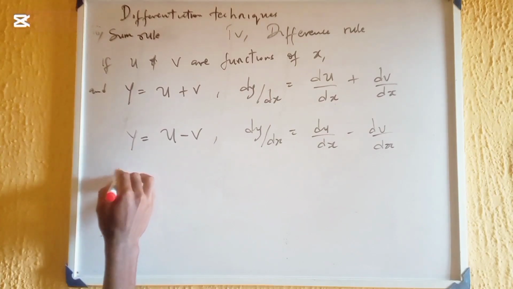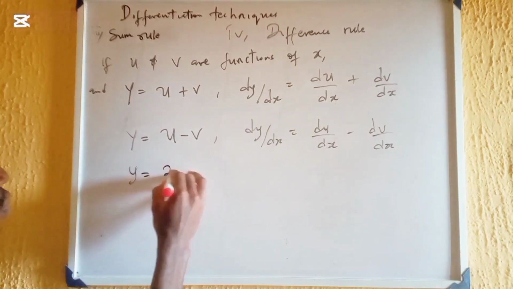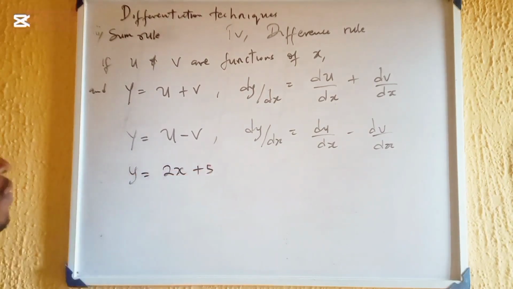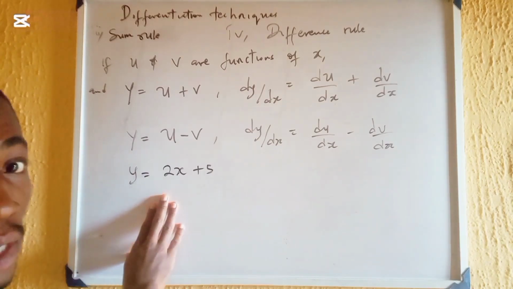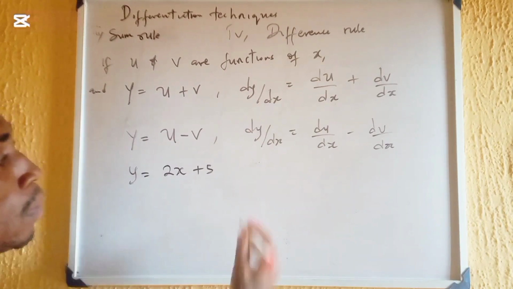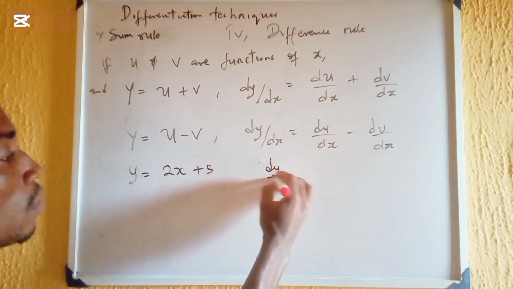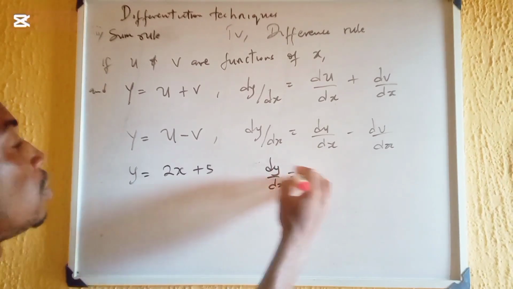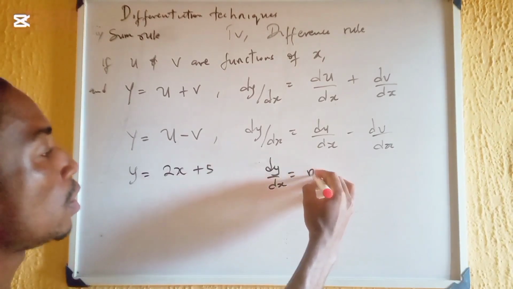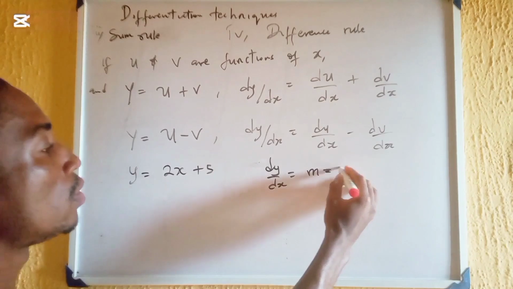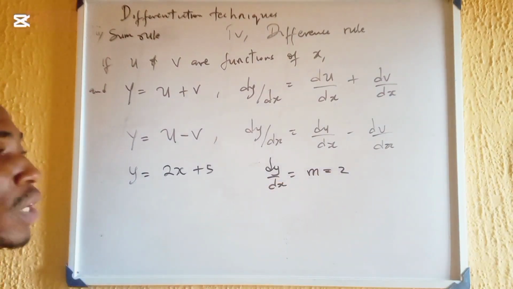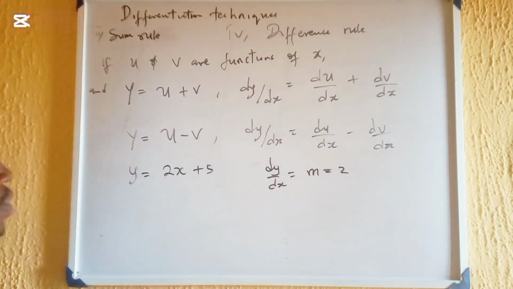So let's use one equation as an example. We are having something like y is equal to 2x plus 5. Remember that this is a linear function. And if you can still remember what we did, dy/dx for a linear function is the same thing as m. And in this case, our m is 2. So let's see if we get the same results.